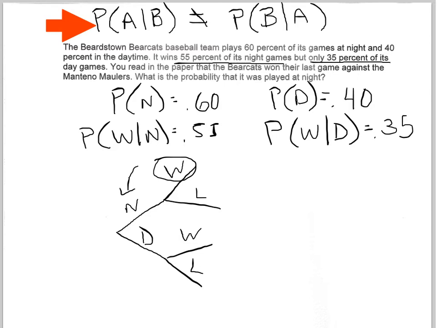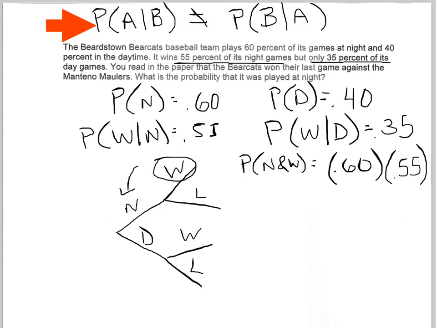So if I have the probability of it being a night game and a win, that's going to be equal to the 0.60, the probability that it's a night game, times the 0.55, which is the probability that they won given that it was a night game.